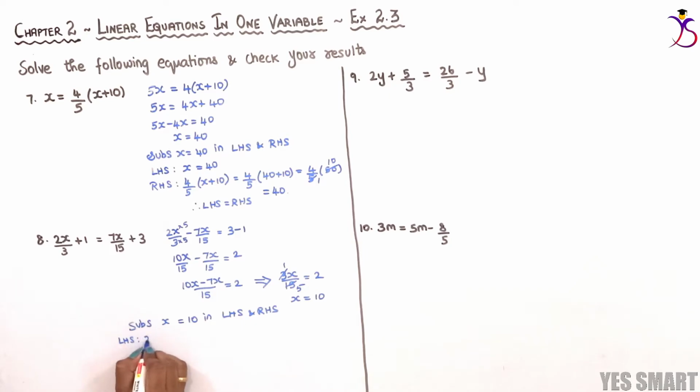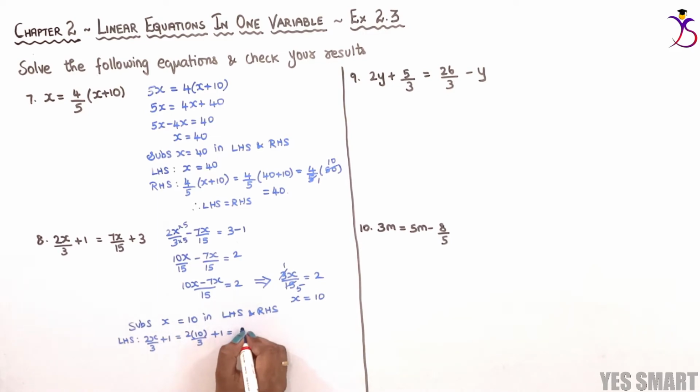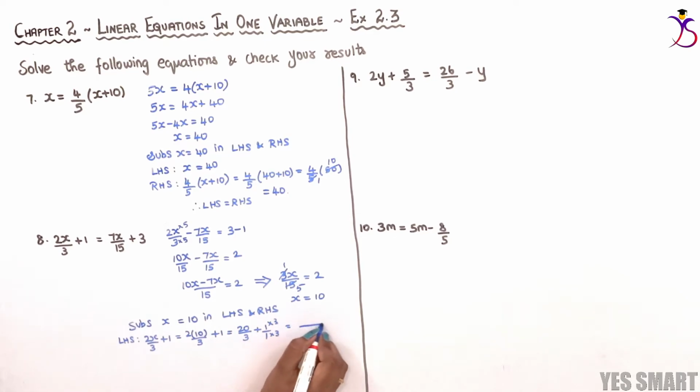So LHS: 2x by 3 plus 1, which is equal to 2 into 10 by 3 plus 1. 2 into 10 is 20 by 3 plus 1. LCM is 3. Let's multiply the second fraction by 3. So the denominator is common, 3. 20 plus 1 into 3 is 3. So 23 by 3.